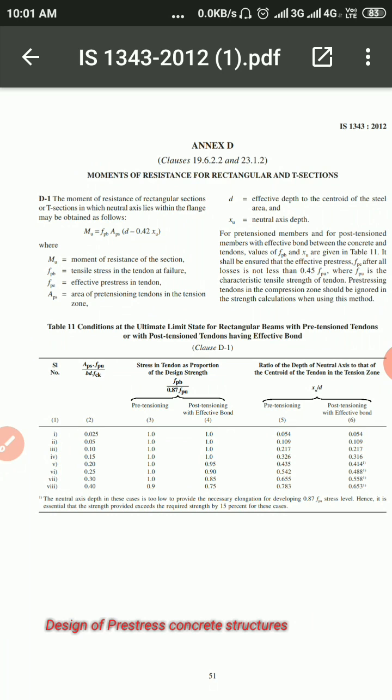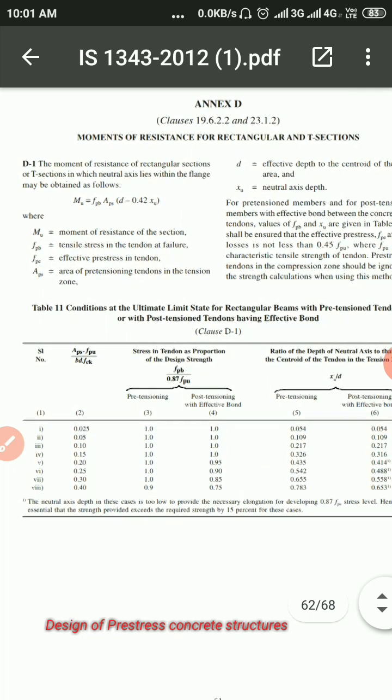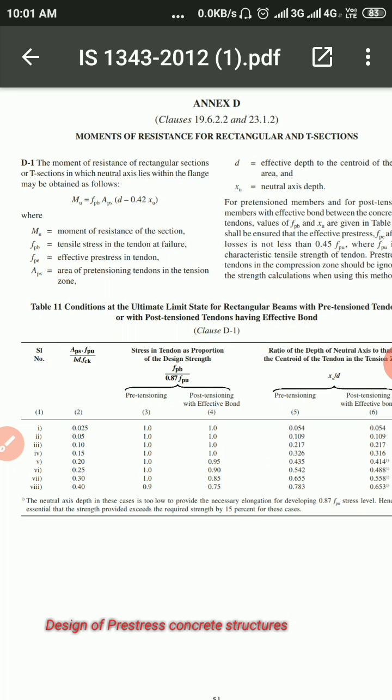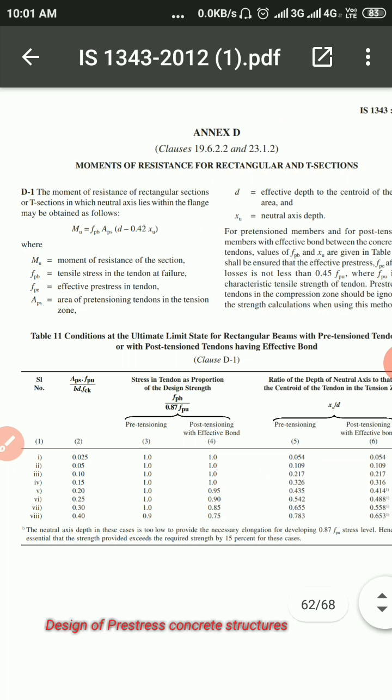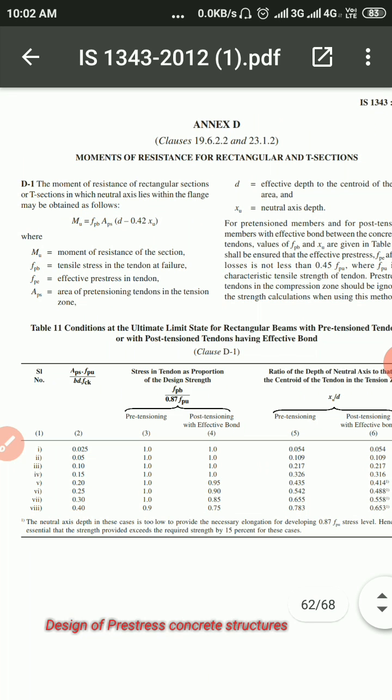If you recall, the same type of annexure D is there in IS 456 for calculation of moment of resistance. Now see here annexure D, which is included in clause 19.6.2.2 and 23.1.2, same in IS 1343. We'll see this part first and then go to the respective clauses.